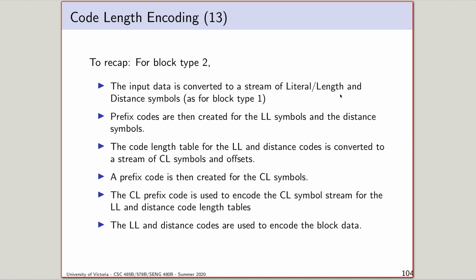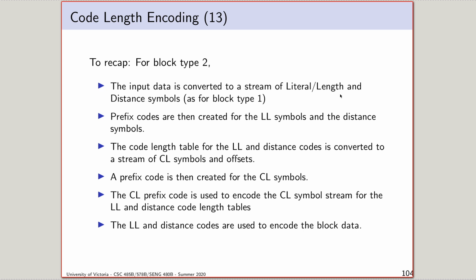So just because we're still talking about block type 2. I convert my input data to a bunch of LL and distance symbols like in block type 1. I then create prefix codes for the LL symbols on the one hand and the distance symbols on the other. I then make a code length table for each one of them. So I compute the lengths of each encoding. And then I encode that with my CL symbols and their offsets.